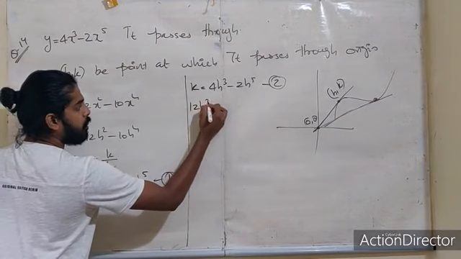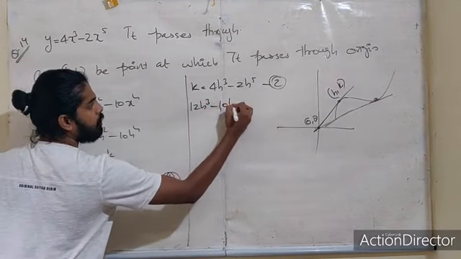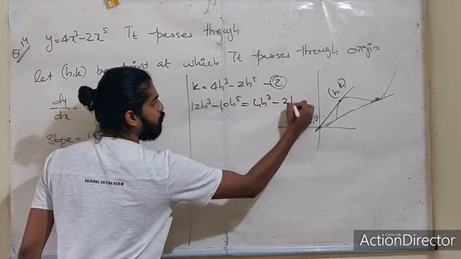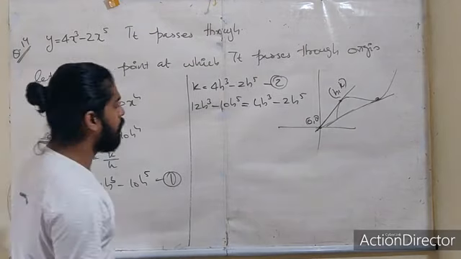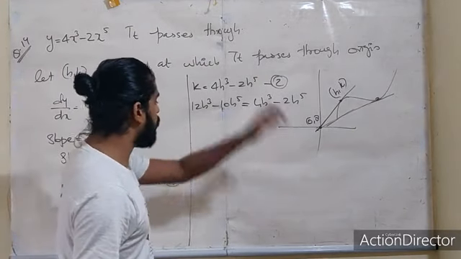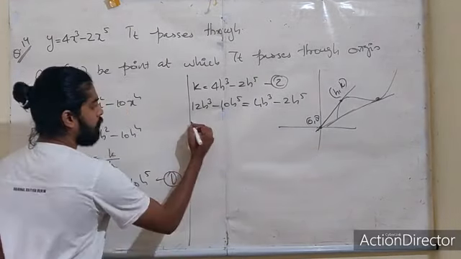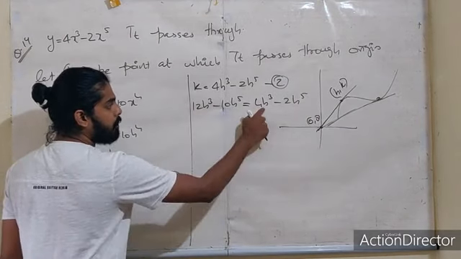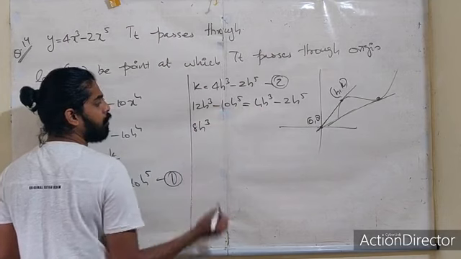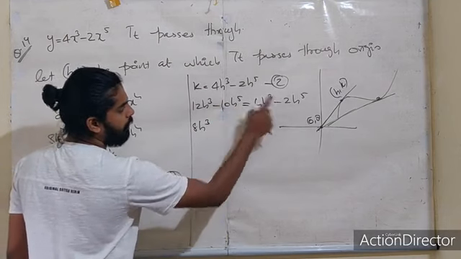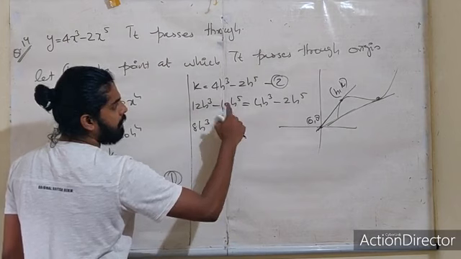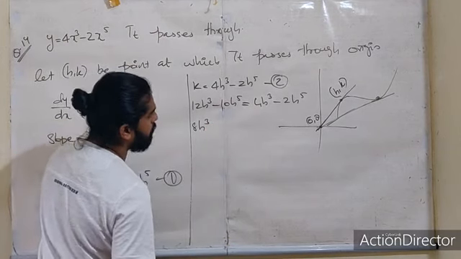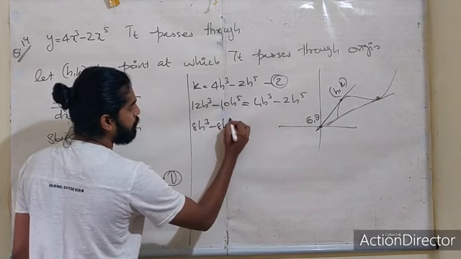That means 12h cube minus 10h raised to 5 should be equal to 4h cube minus 2h raised to 5. Now let us simplify. Let's take all the terms in the RHS to the LHS. So 12h cube minus 4h cube makes 8h cube. Now minus 10h raised to 5, taking minus 2h raised to 5 to this side, so minus 10 plus 2 is minus 8h raised to 5.